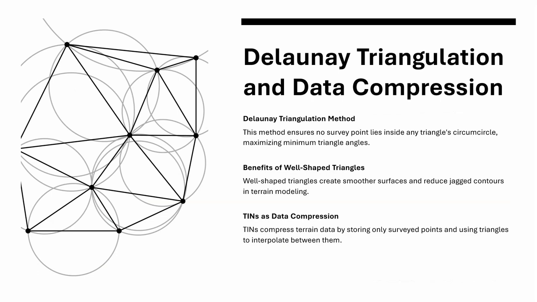So let's get into a little bit of the science behind TIN construction. You see, most TINs are built using a method called Delaunay triangulation. This approach chooses triangles so that no survey point falls inside the circumference of any triangle. The result is a set of triangles that avoids skinny, distorted shapes and instead maximizes the minimum angle. Why does this matter? Because well-shaped triangles create smoother, more stable surfaces.